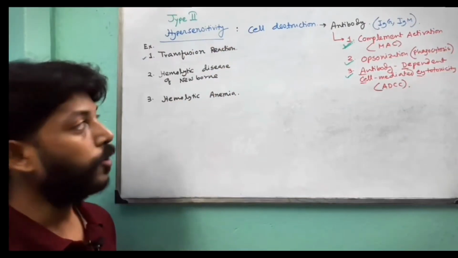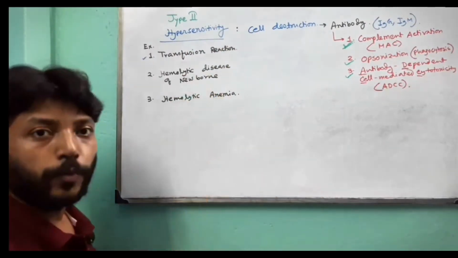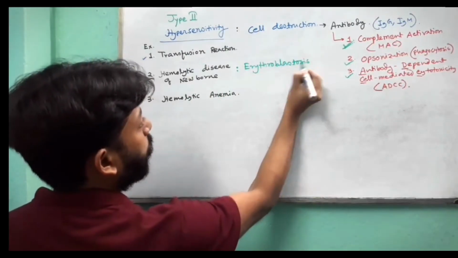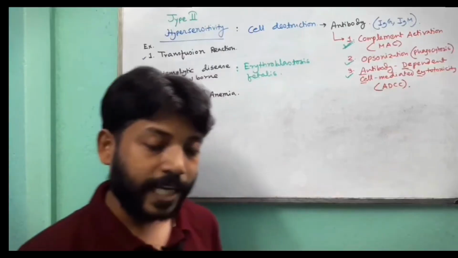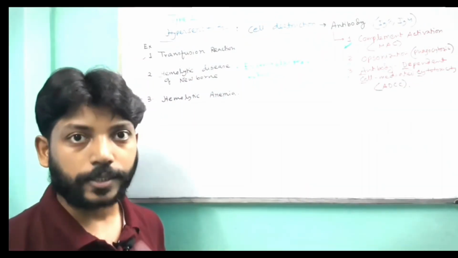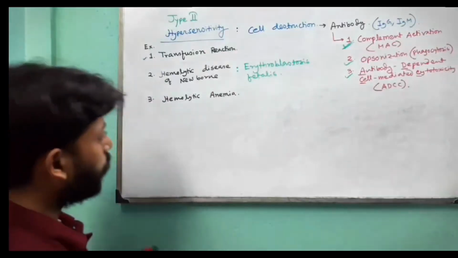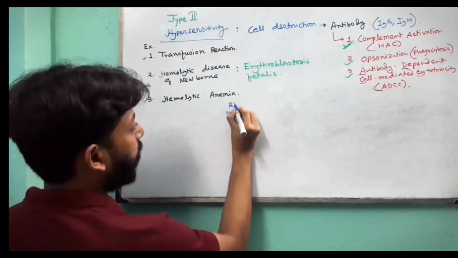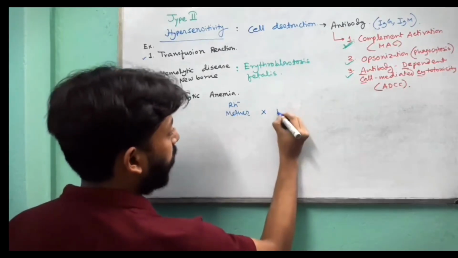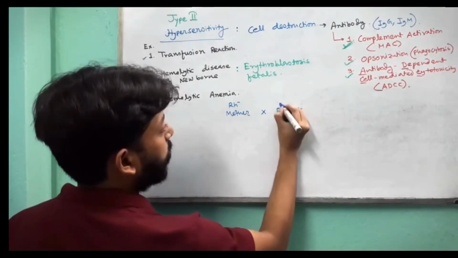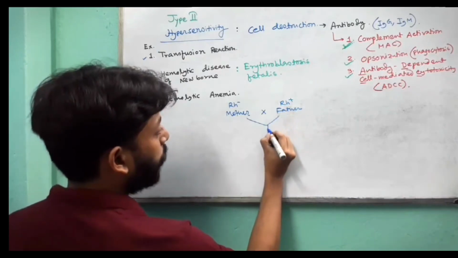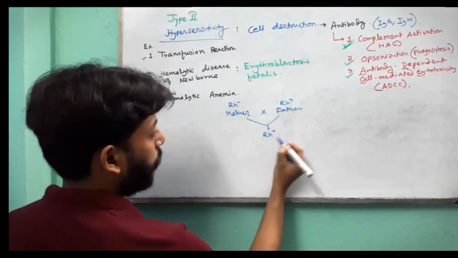Now I will show you hemolytic disease of the newborn, that is erythroblastosis fetalis. For this, the Rh antigen is responsible. There is another antigen present on RBC that is called Rh. Let's assume the mother is Rh negative, and she is fertilized by a father that is Rh positive, then the child will always be Rh positive.